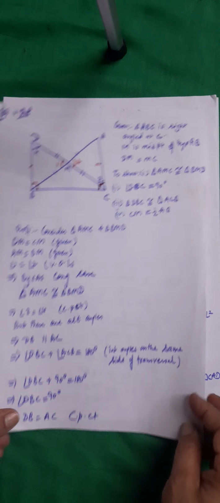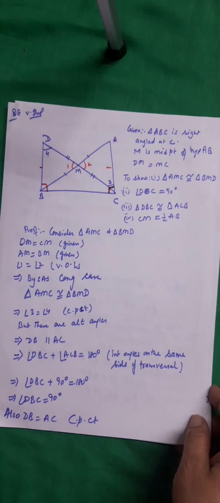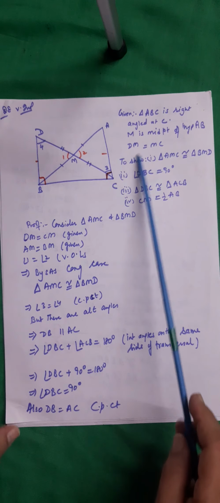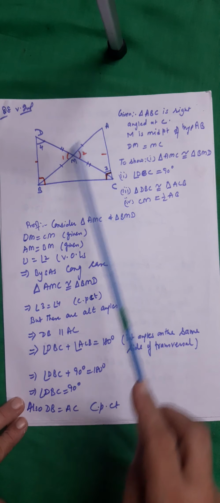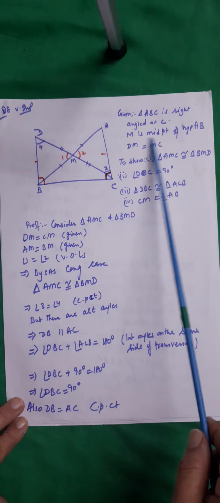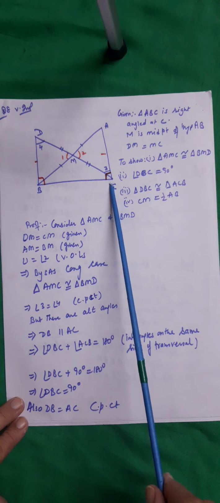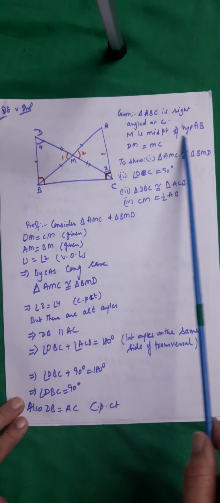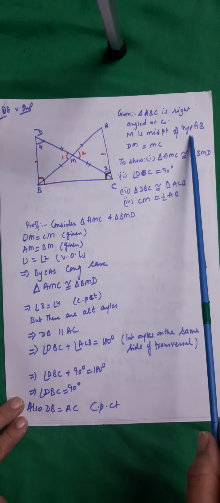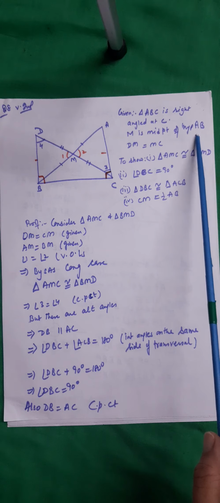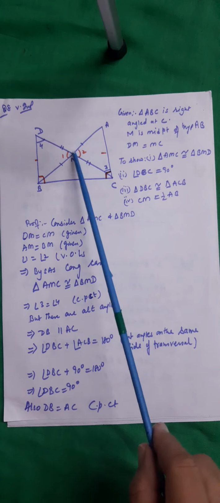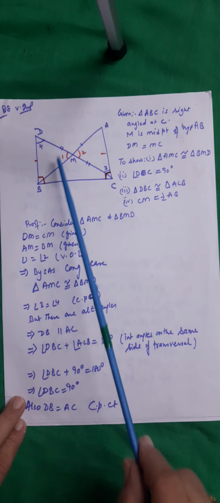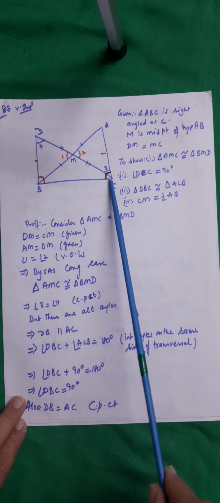Question number 8. Here, the figure for the question is this one, and in this, what is given? ABC is right angled at C. M is the midpoint of hypotenuse AB. Alright, and DM is equal to MC.